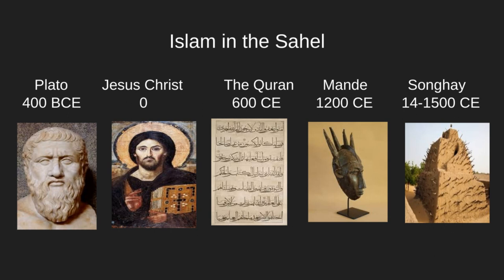And so when the Quran comes into West Africa and Islam is spread throughout West Africa, one way of talking about this is that it also brings in a kind of Hellenic influence that had not previously been in this region.